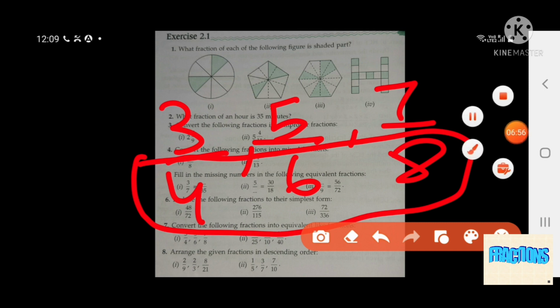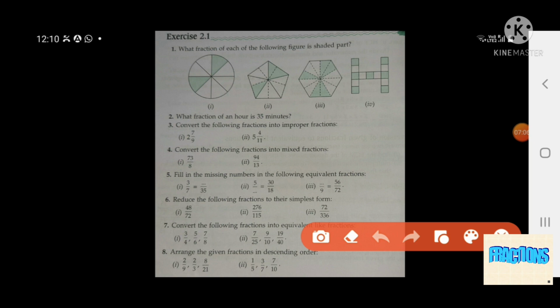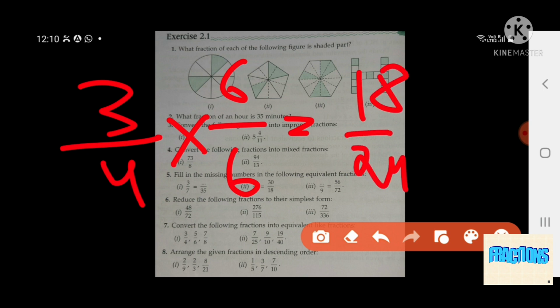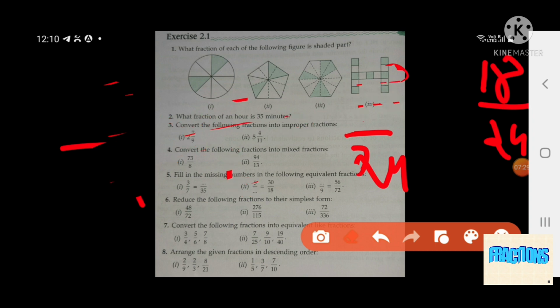If we do it, all are having 24. So we will do it like this: 3 upon 4 multiplied by 6 upon 6 equals 18 upon 24. We are writing 18 upon 24 here, and then we will remove it and do the next one.